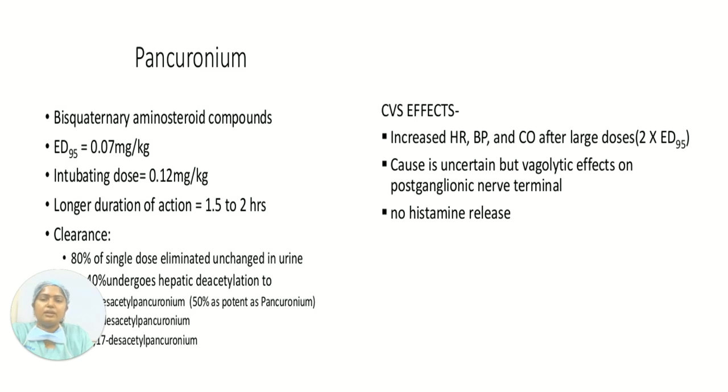Coming to CVS effects, it causes increased heart rate, blood pressure and cardiac output after large doses, that is 2 times the ED95 dose. It has uncertain but vagolytic effects on the post-ganglionic nerve terminal, but it does not cause any histamine release.